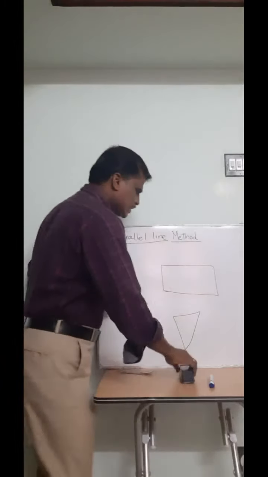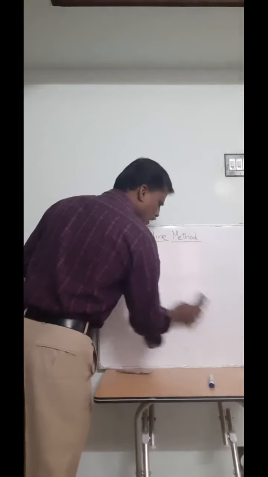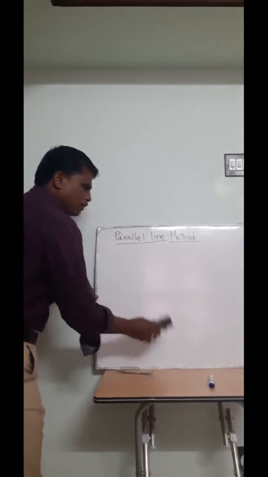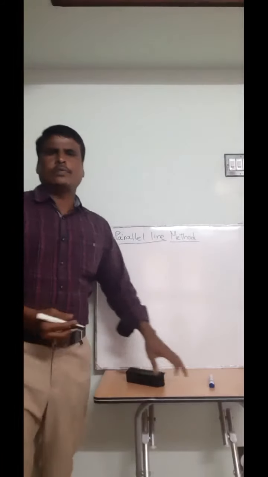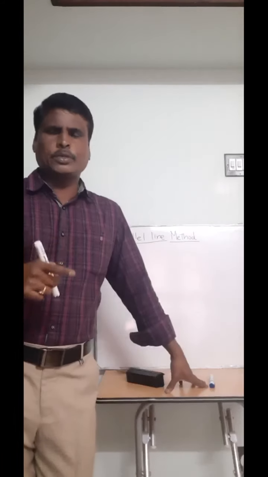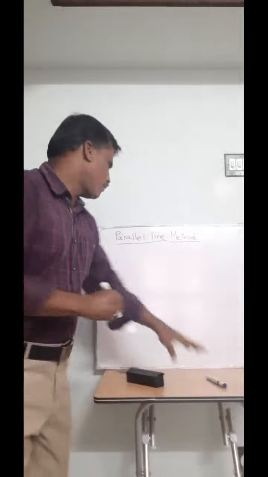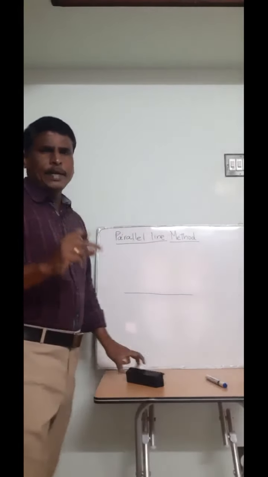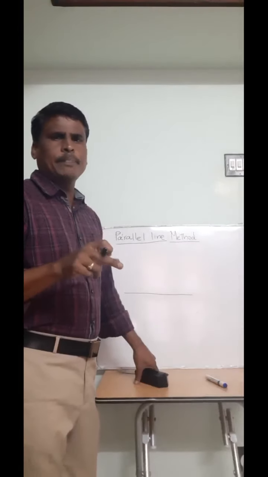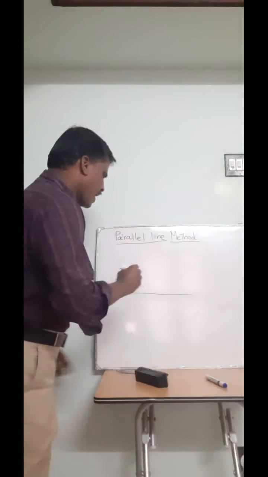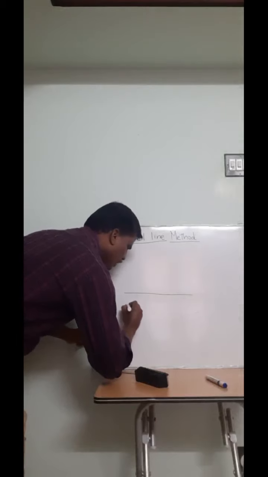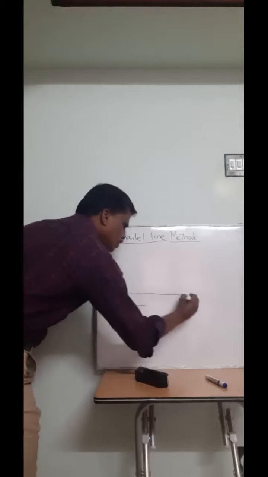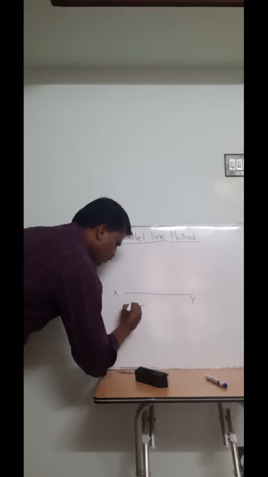Okay. So first let us consider, I am going to draw the development of a pentagonal prism. According to the given condition of the problem, first you have to draw the simple portion of the prism. For example, I am going to consider a pentagonal prism resting on HP with one of the base edges parallel to VP. So first I have to draw the simple portion.